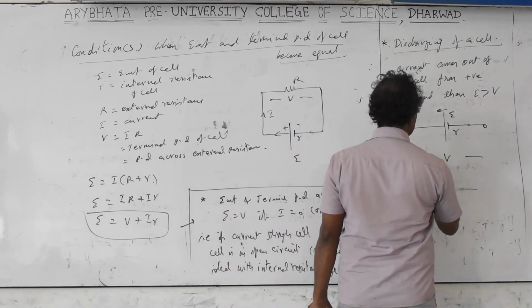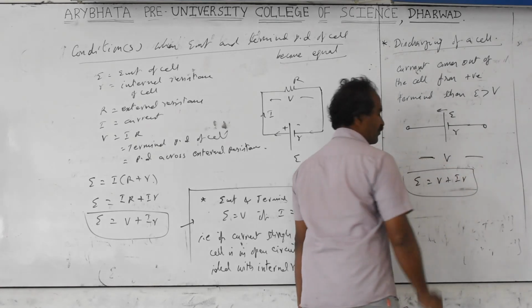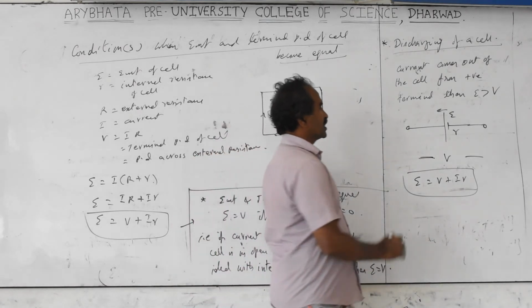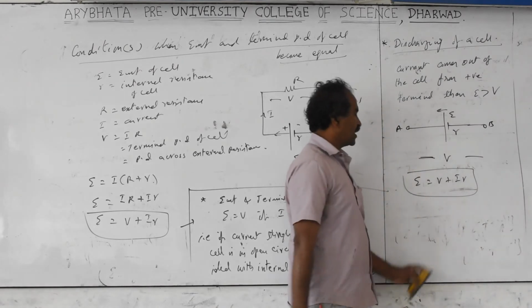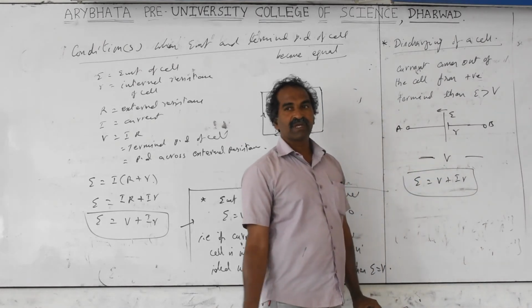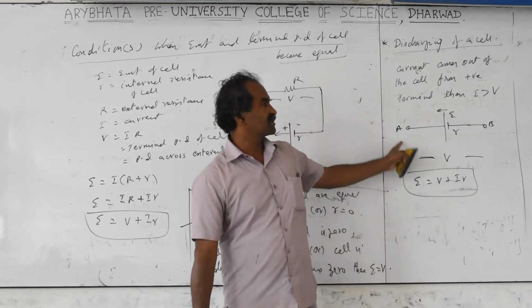In that case, E is equal to V plus Ir, so E is greater than V. If the current is taken out of the cell, the potential difference between the terminals is given by E equal to V plus Ir. If current is going into the cell, that is, when charging the cell, the reverse case we have to discuss, and we will discuss that in the next class. I will repeat this point again in the next class.